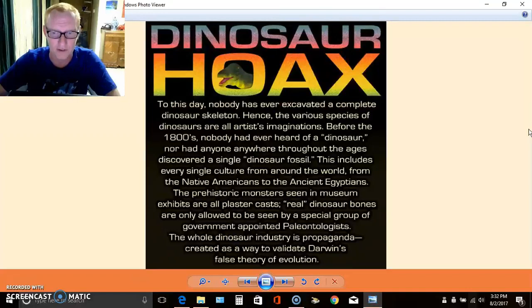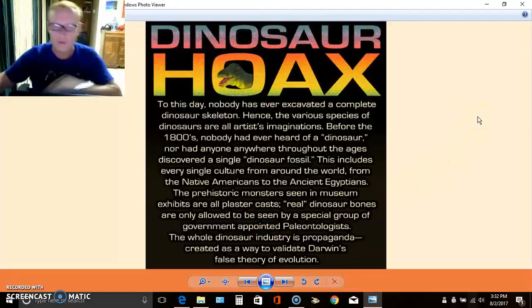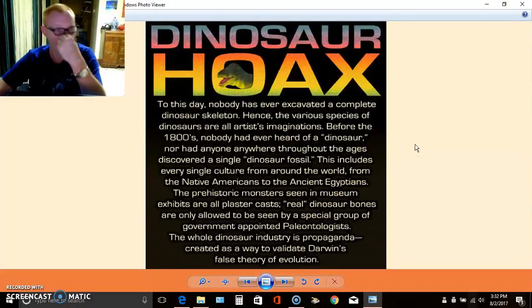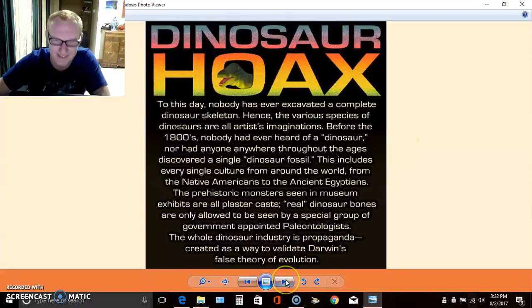The prehistoric monsters seen in museum exhibits are all plaster casts. Real dinosaur bones are only allowed to be seen by a special group of government-appointed paleontologists. The whole dinosaur industry is propaganda, created as a way to validate Darwin's false theory of evolution that you came from an ape and you're an insignificant ball accident flying through space. It's nuts. It's ridiculous.